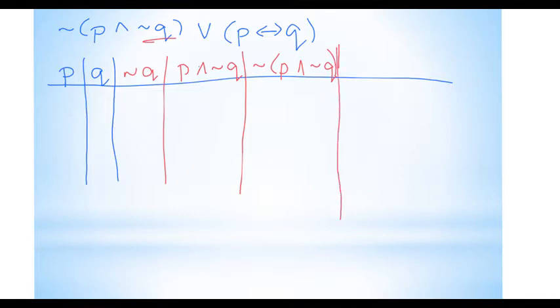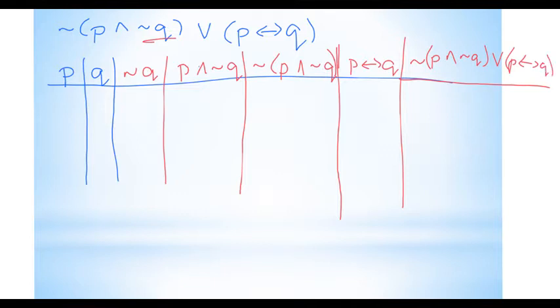And then I need P if and only if Q, so that then I can take it, and my last column will be where I put everything together. I'll do the negation of P and not Q, or P if and only if Q. Okay, so let's work on this.